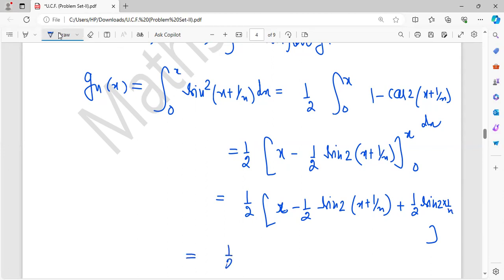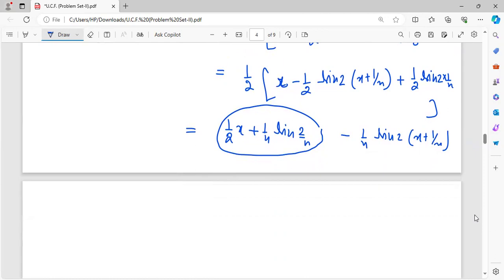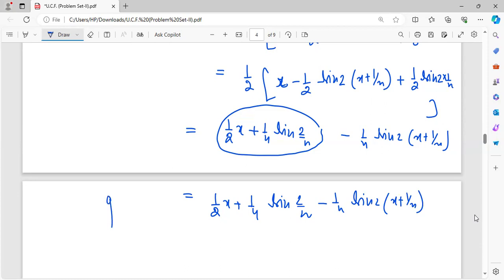Now you see that it is x by 2 plus 1 upon 4 sine 2 upon n, and it is minus 1 by 4 sine 2(x plus 1 by n). So this is equal to x by 2 plus 1 upon 4 sine 2 upon n minus 1 upon 4 sine 2(x plus 1 by n). Now you see that this is my g_n(x).